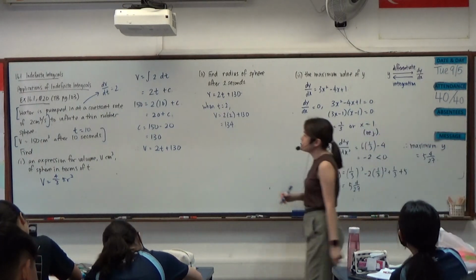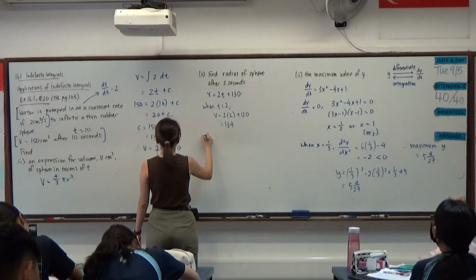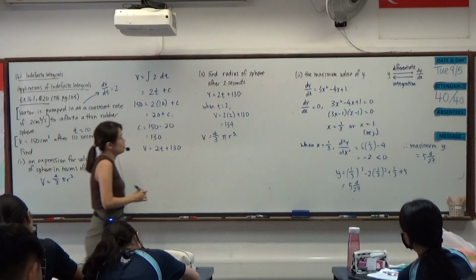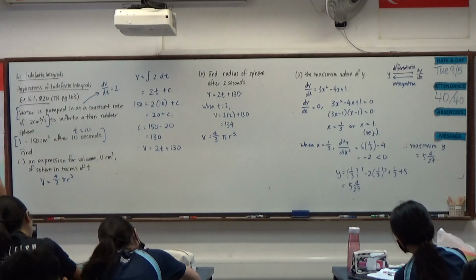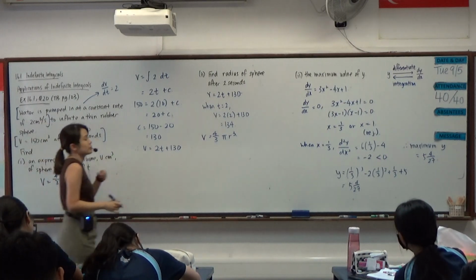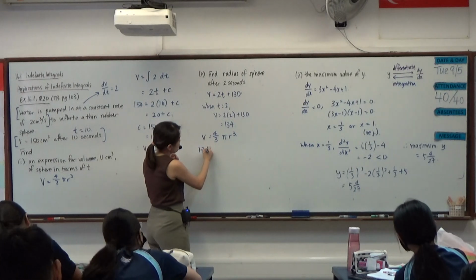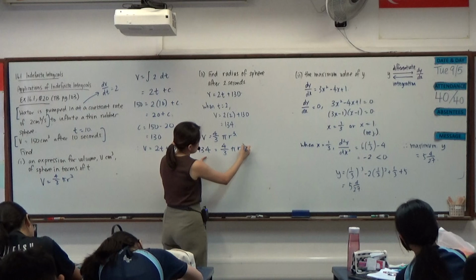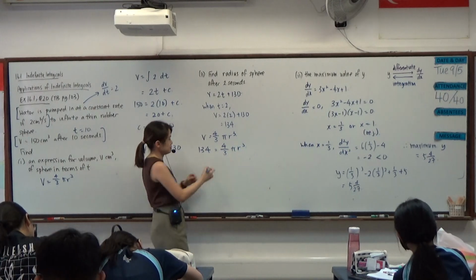And since we're talking about a sphere, we earlier mentioned that V is equal to 4 over 3 pi r cubed. And now since we know the volume itself, which is 134, we can find out the value of r.